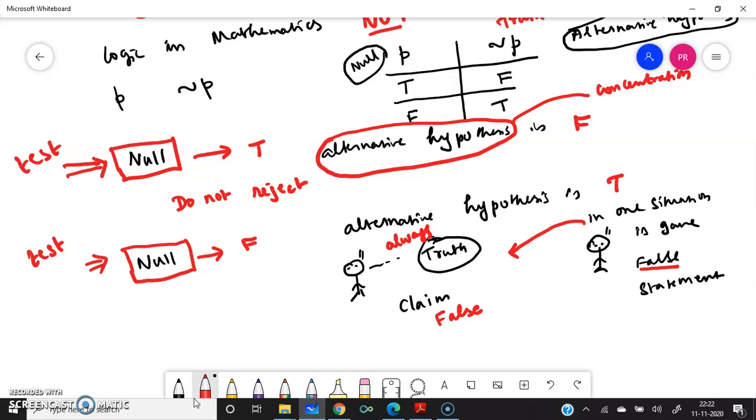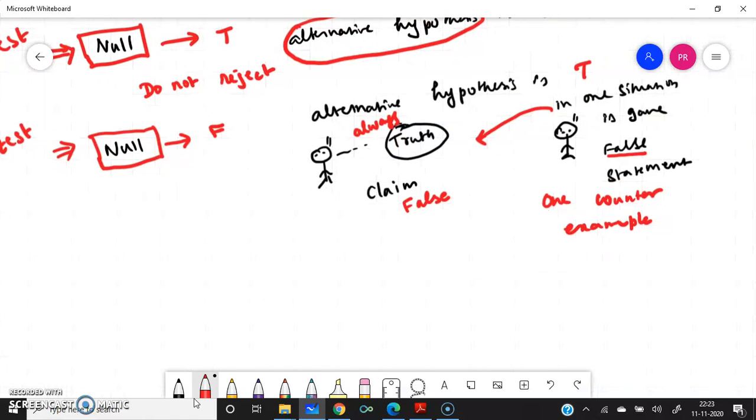That one example, one counterexample I can say, is enough to show that the claim which is made, that he always speaks truth, is not correct. This is the basis of framing the null hypothesis.